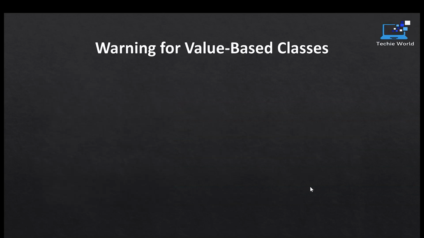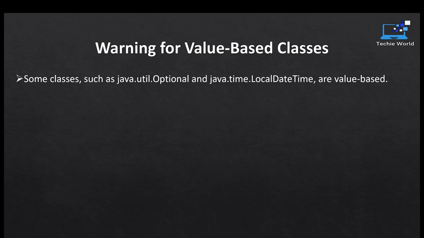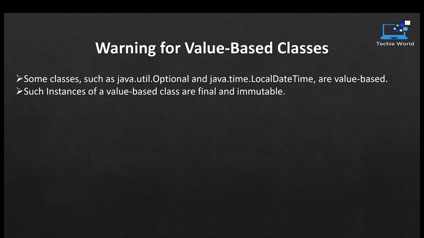So, let's have a look at some of the theoretical part about warning for value-based classes, and then we'll do a small code demo. The first point about value-based classes is that some classes such as java.util.Optional or java.time.LocalDateTime are value-based classes. The second point is that such instances of value-based classes are final and immutable. The third point is that wrapper classes are also considered value-based classes.